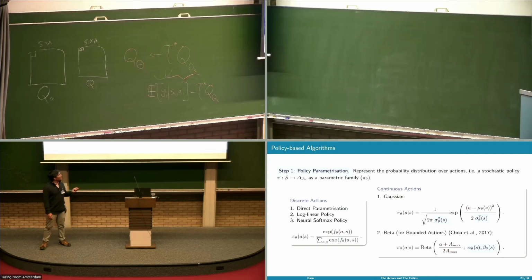And again, similarly, if you have a beta distribution, you cannot work only with the action itself as the random variable. You have to recenter it by using the maximum range of the action, A_max, in this way. And then you use on top of that α and β as the parameters of the beta distribution. And again, you use two neural networks or linear layers to estimate the parameters, α_θ and β_θ.